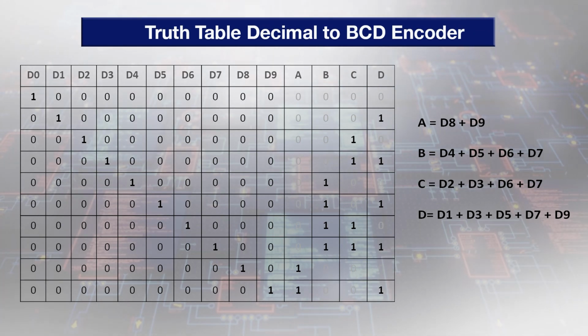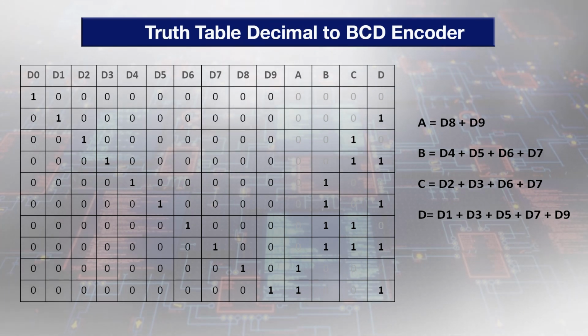That means the logical expression of the output B is equal to D4 plus D5 plus D6 plus D7.